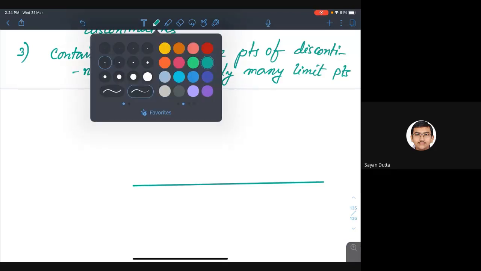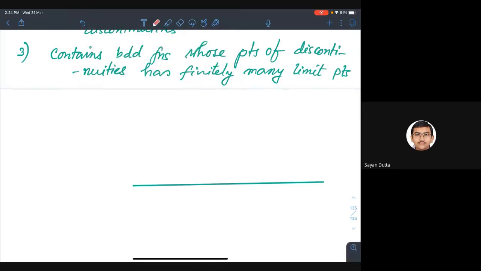So what we have is a few limit points. Assume we have three limit points: a naught, a1, a2, right? These are the points of discontinuities, and they have these limit points, and there are several points of discontinuities.